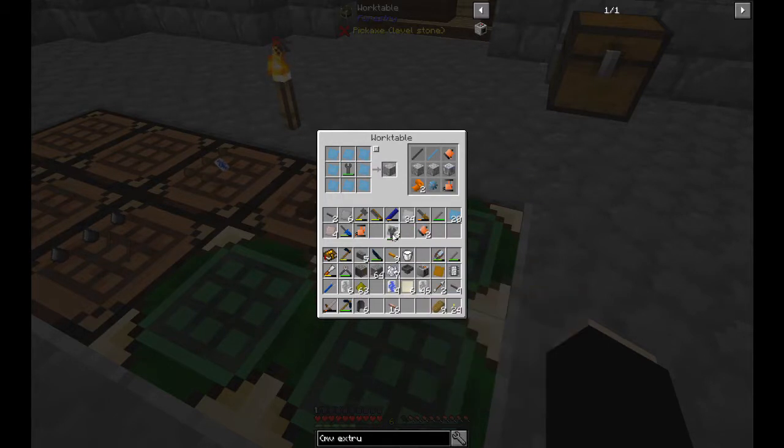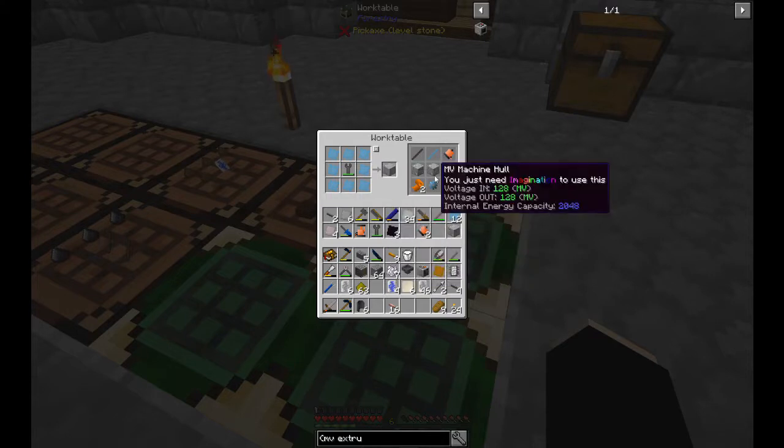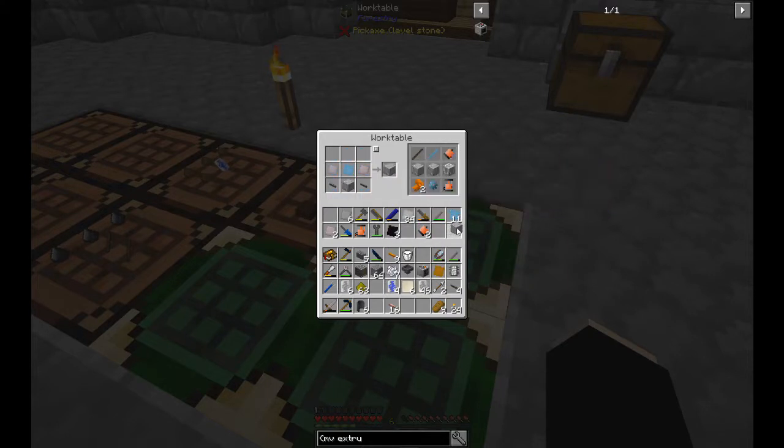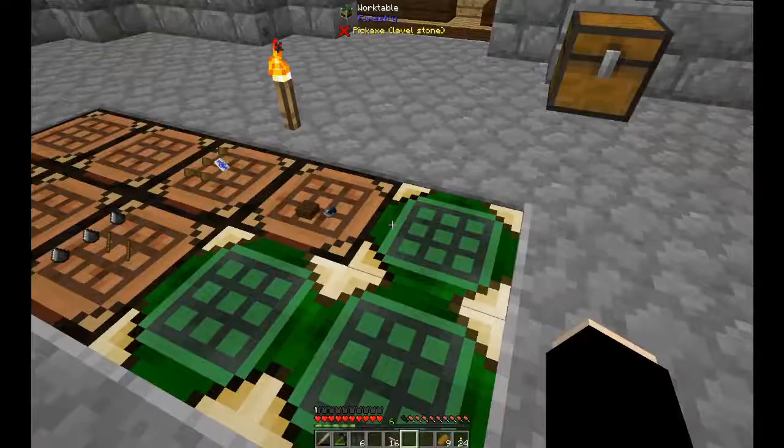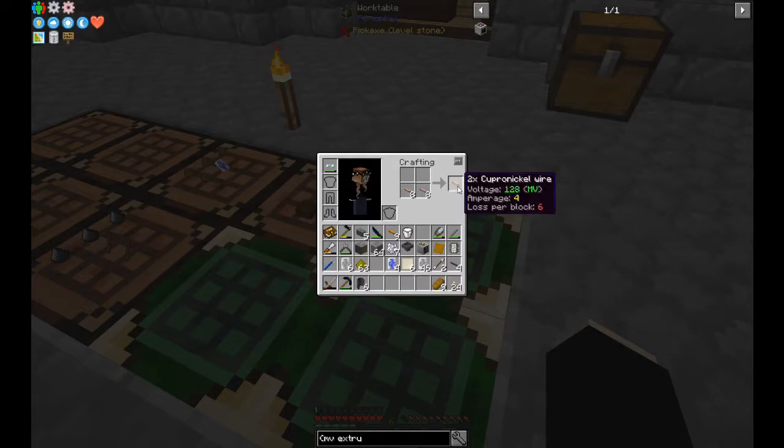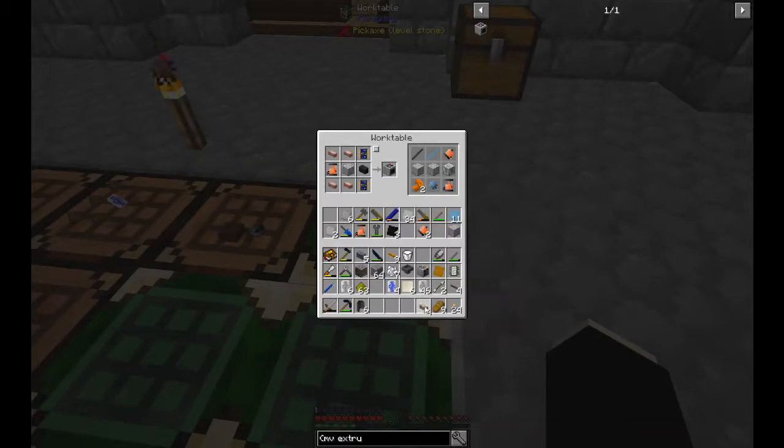That should be in my inventory. And then the MV machine hull. And then 4 times 4 copper nickel wire. And 1 medium steel pipe.